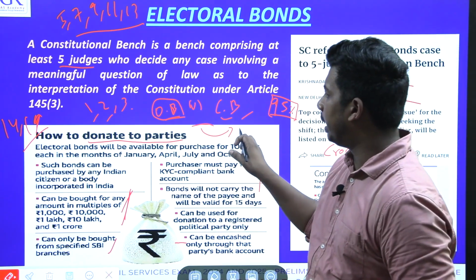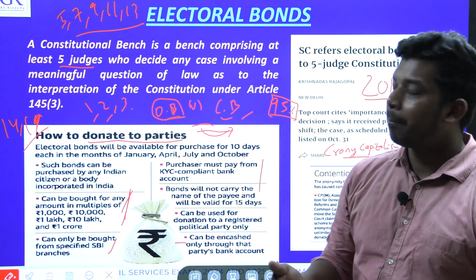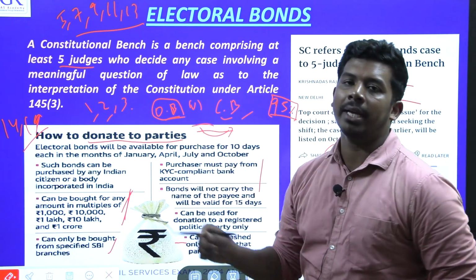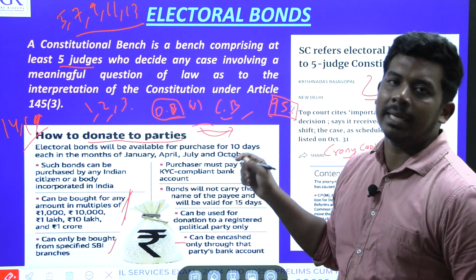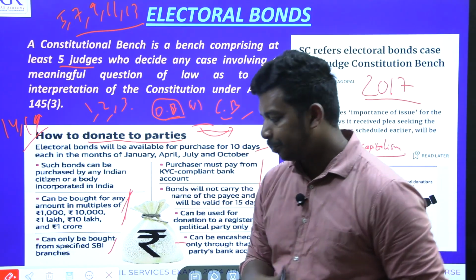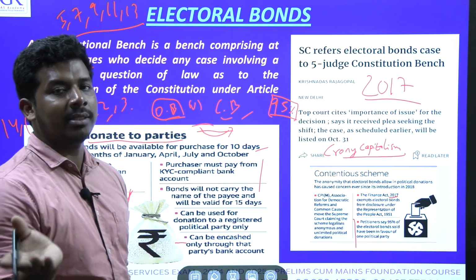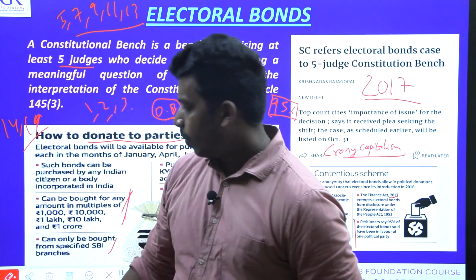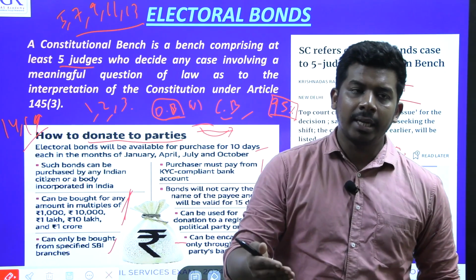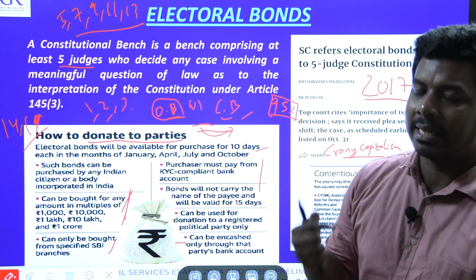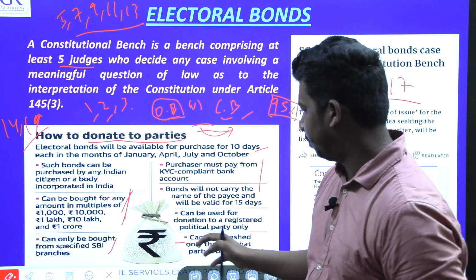So the Election Commission keeps tracking the details of this party, and only in these bank accounts can these political parties encash the bond. Okay. So that is how it works. So there is no cash transaction. By maintaining a bank intermediary, the possibility of transacting through black money was eliminated.